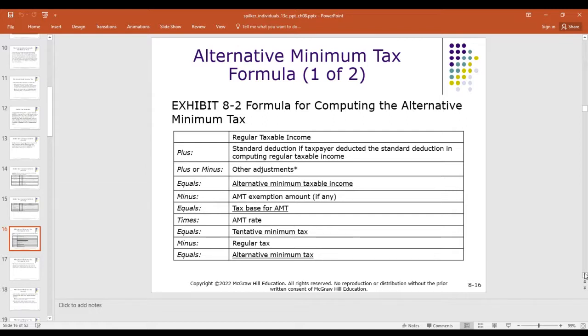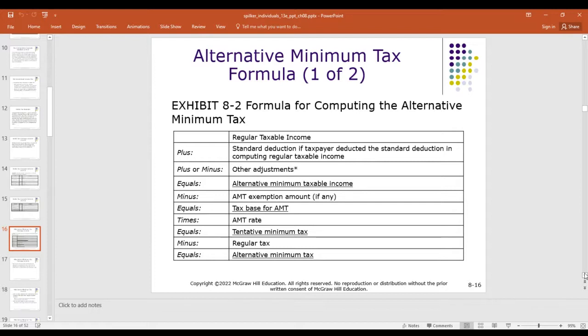So we start with our taxable income from the 1040. We actually do this on a 6251. I think yes, it's on page 8-10. And there's a lot more adjustments than those 3 or 4 that we just talked about, but these are the most common ones. We add back the standard deduction if we took that. If we took itemized deductions, we have to add back our state income or sales tax we deducted to get to taxable income and any real property and personal property.